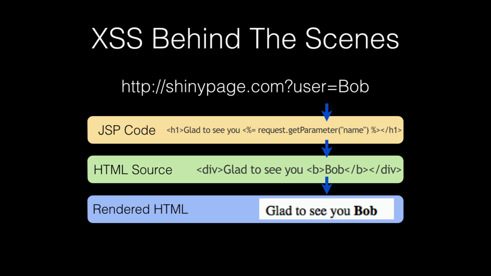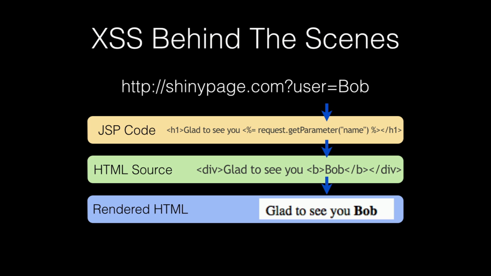This would actually not work because it's user, but let's ignore that. The HTML source would then say glad to see you in bold, Bob. And this is what you would see here. It's actually a multi-step exercise. If you've noticed the code flaws, we don't actually have the bold tags up there either. But nonetheless, in the normal situation, you would do this, and you would see this.